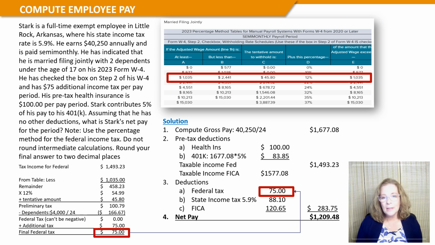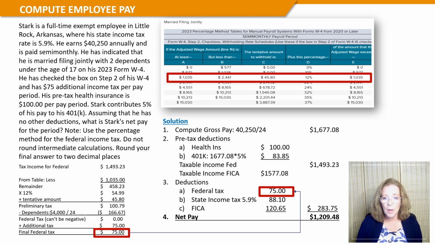Let's look at this next example using the percentage method. Stark is a full-time exempt employee in Little Rock, Arkansas, where his state income tax is 5.9%. He earns $40,250 annually and is paid semi-monthly. He has indicated that he is married, filing jointly with two dependents under the age of 17 on his 2023 Form W-4.